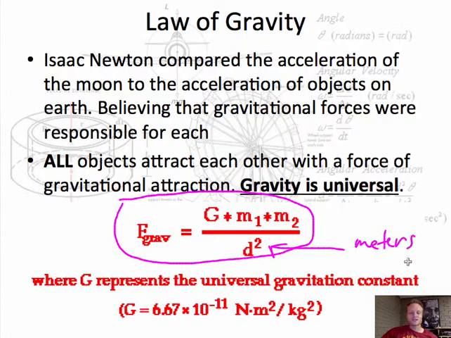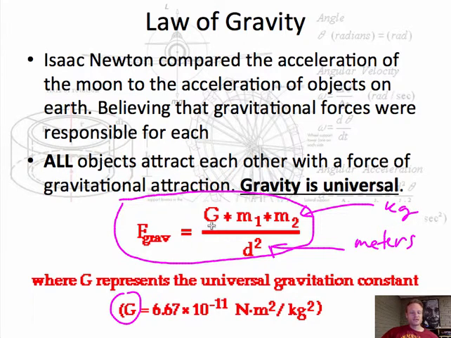So if they give it to you in kilometers, you have to convert it to meters. The reason is that big G is a constant, and it's measured in newton meters squared over kilograms squared. So you have to have your distance in meters and your masses in kilograms. If you don't, just convert it so that it is, and then everything will be peachy.